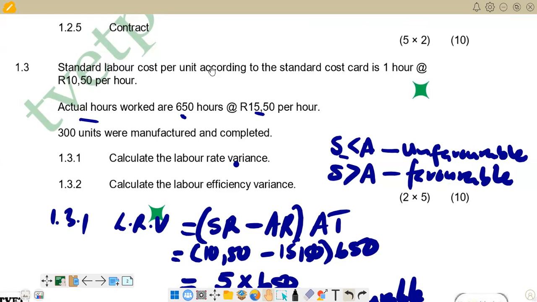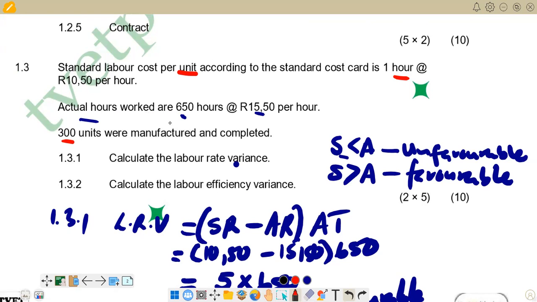So 1 unit is referring to 1 hour. We have 300 units in total. So 1 times 300 gives 300 hours, and 300 hours will represent our standard time.